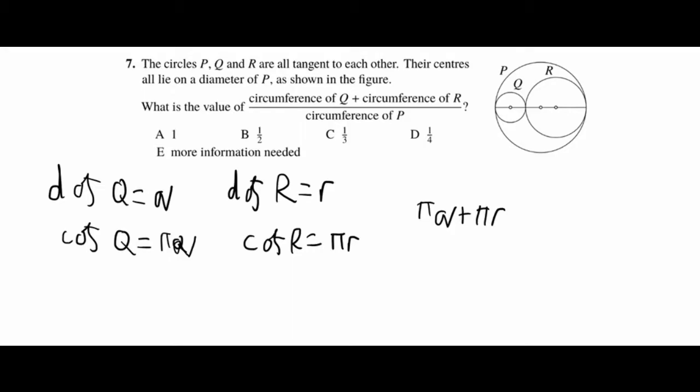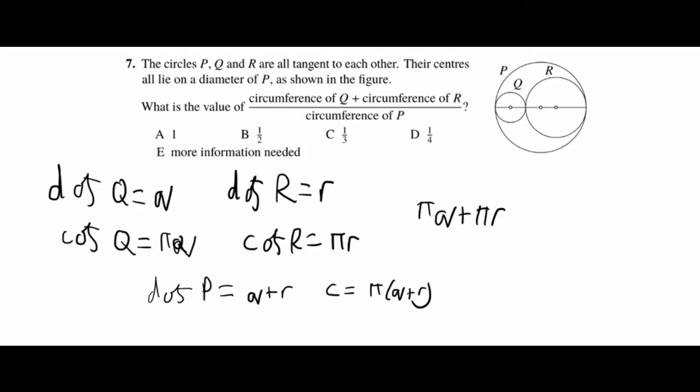And so now let's work out the circumference of P. Well, the diameter of P will just be the diameter of Q plus the diameter of R. So d of P is equal to q plus r, and so its circumference is equal to pi times (q plus r).